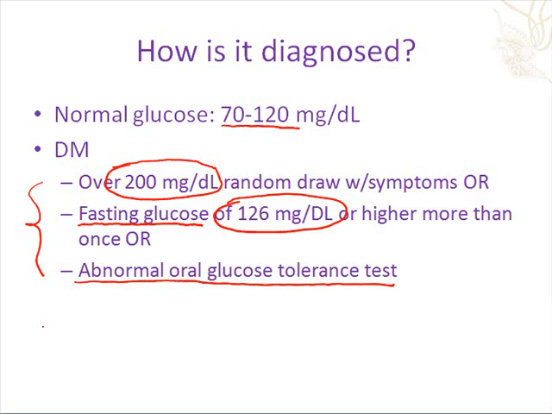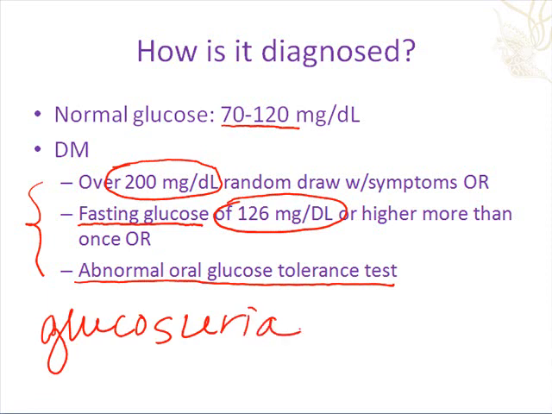Now, I also said that glucose in the urine, or glucosuria, is another indicator of diabetes mellitus. In a normal person, there should be no glucose whatsoever present in the urine. In a person with diabetes mellitus, they may have very high levels. In fact, diabetes mellitus literally means sweet urine.